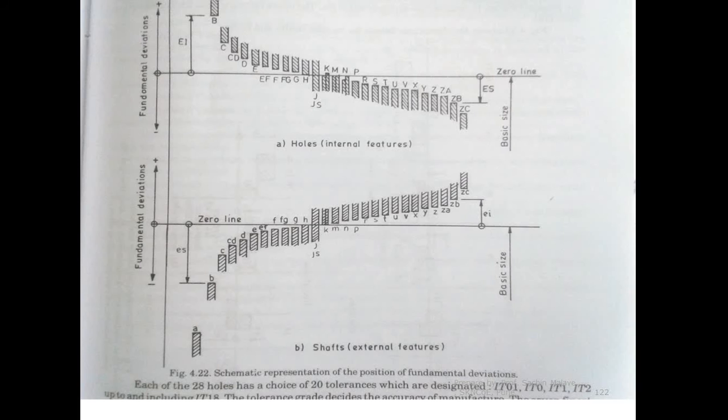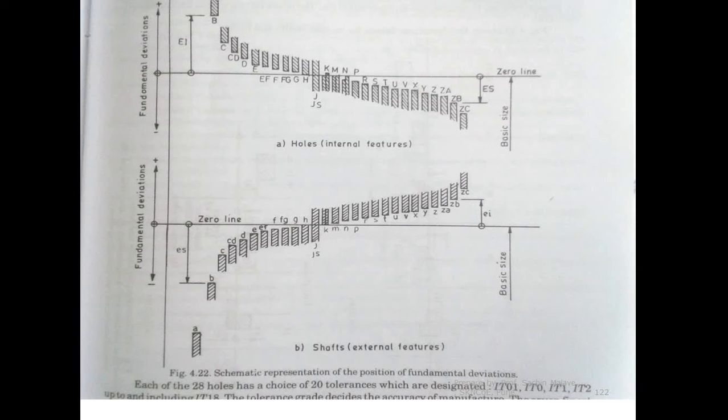So you can see here H, this is the shaft. For this h shaft, the fundamental deviation, let us take the example of the B type of the shaft. The fundamental deviation for the B type of the shaft is the difference between this 0 line and this line. So this distance is some finite value.